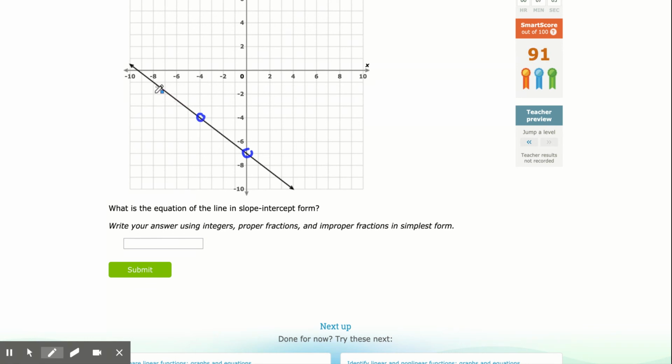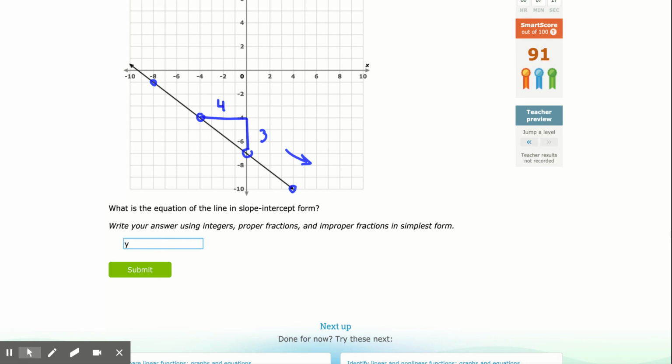Just to be safe, I'm going to go up to the next one. So I'm finding a few of them to make sure that I'm getting the same ratio. Yep. So it looks like I have a rise of 3, a run of 4, 3 and 4, but I'm going downhill, I'm going down. So my slope is going to be a negative.